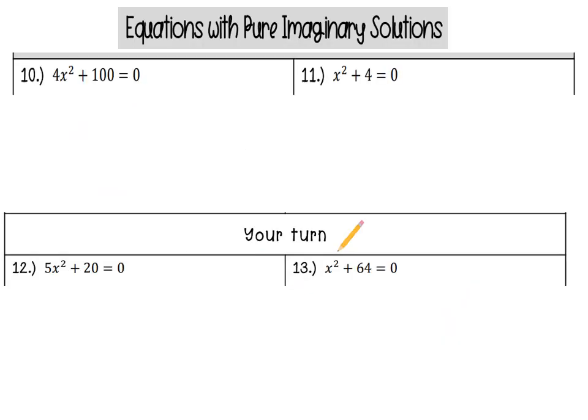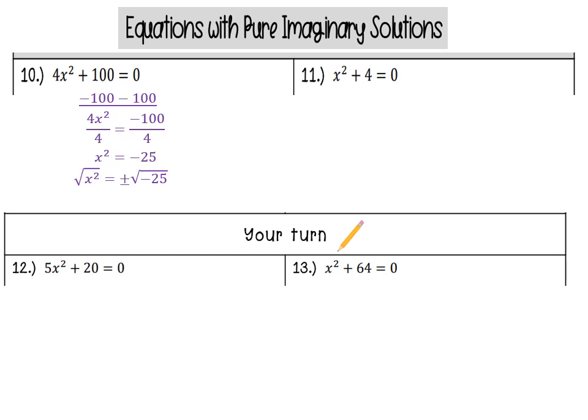So let's try some solving. When we solve, we want to get the x squared by itself. So we start off with, first, just subtract 100 from both sides. That gets us 4x squared equals negative 100, divided by 4. That gets us x squared equals negative 25. And then take the square root of both sides.